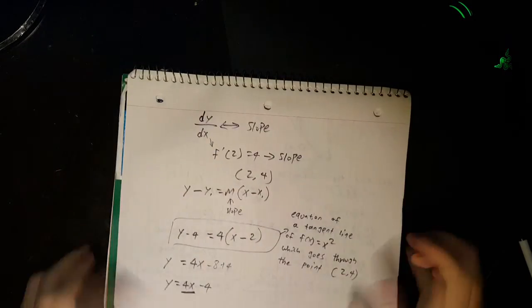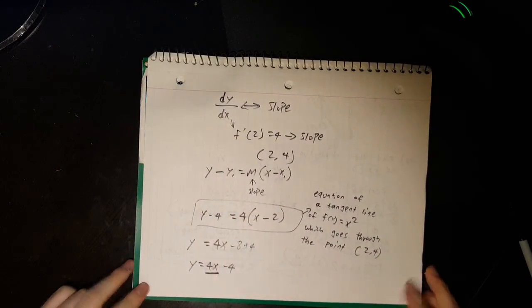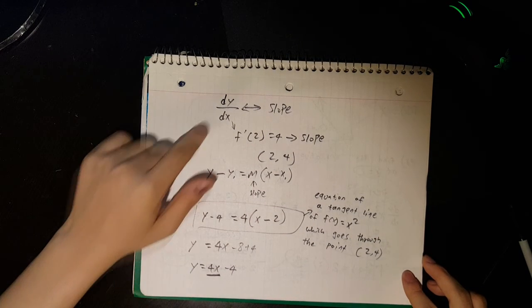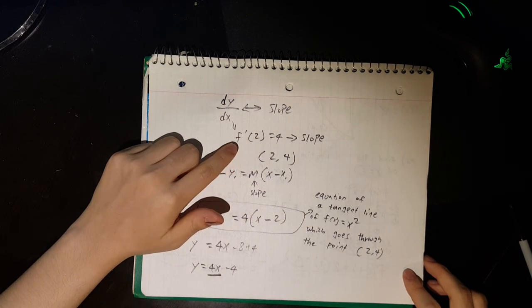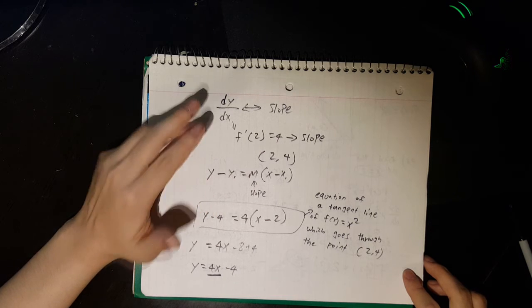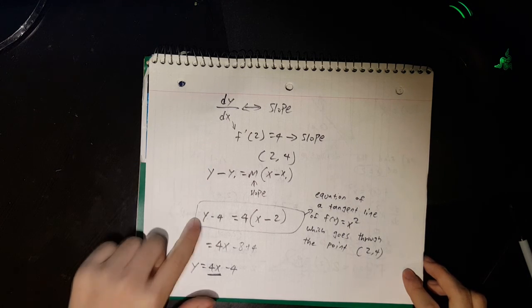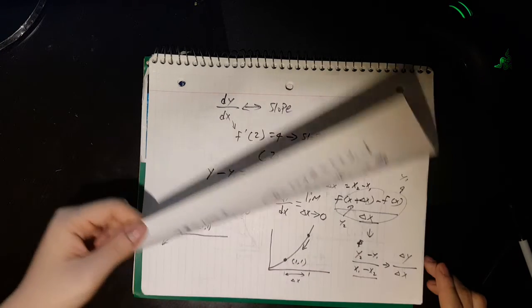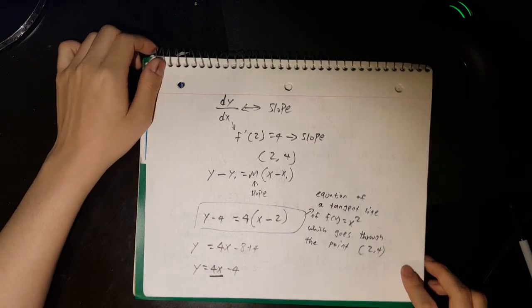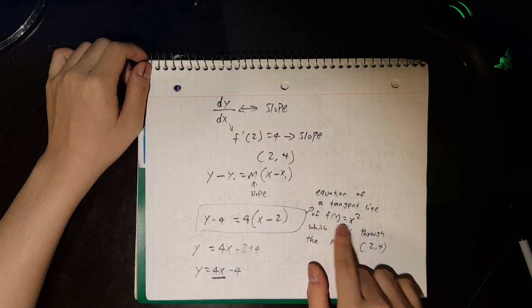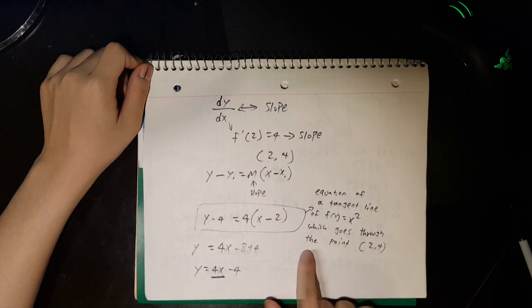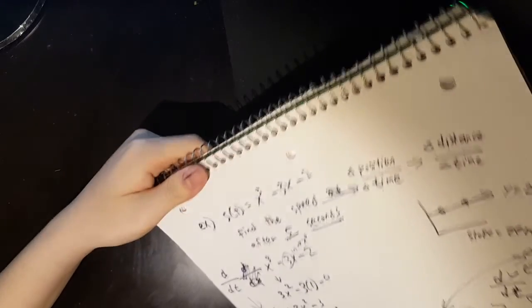And we learned how to write the function that goes through a certain point and is also tangential to the original function that we were given. The equation of a tangent line of f(x) equals x squared, which goes through the point 2, 4.